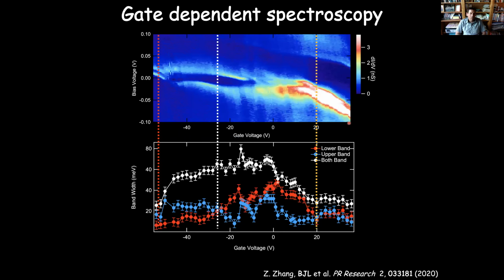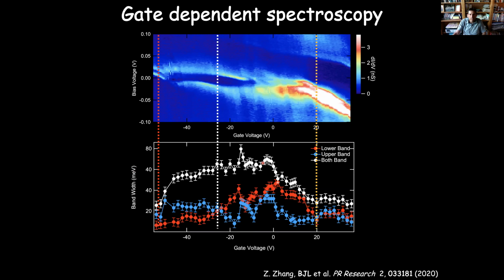To look at this in a bit more detail, we can track how wide each of these bands are, and that tells us how flat the bands are. The smaller the bandwidth, the narrower the band is, the flatter it is. You can see here that the bands themselves are quite flat.